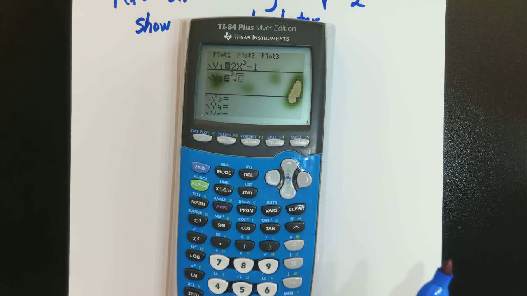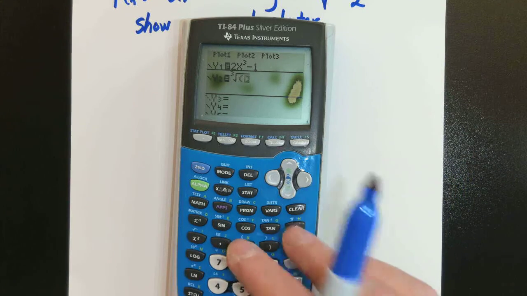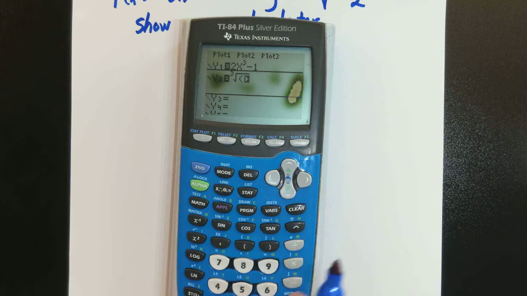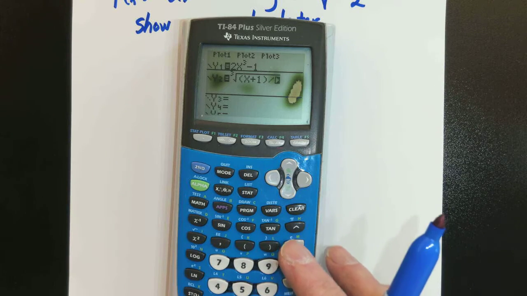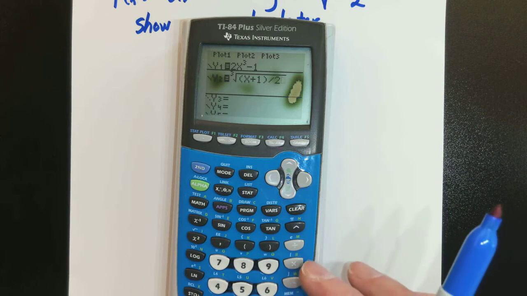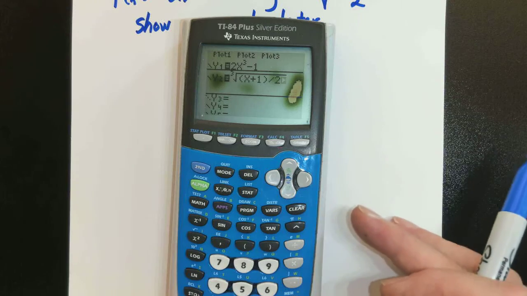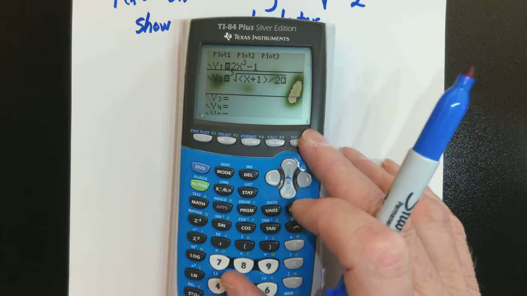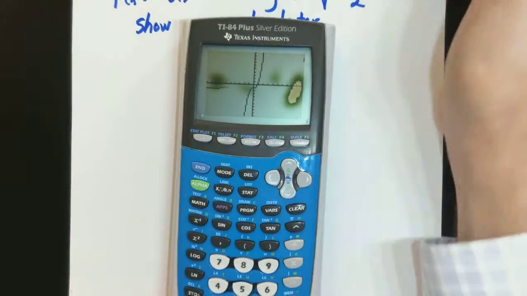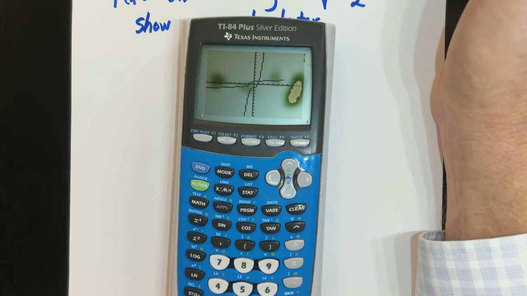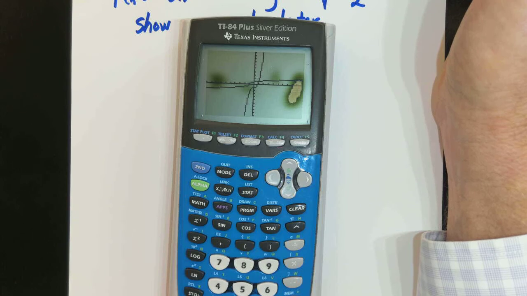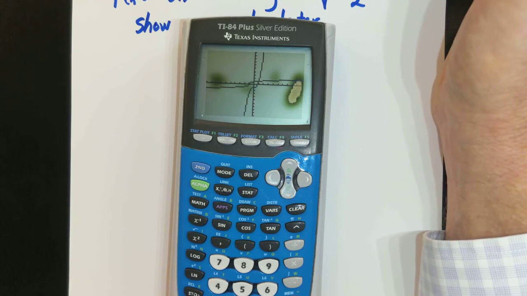And then I've got to do x plus 1 over 2. I am going to put x plus 1 in parentheses and then divide by 2. And then I'm going to hit graph there. And you can see that one going. Is everybody good there?